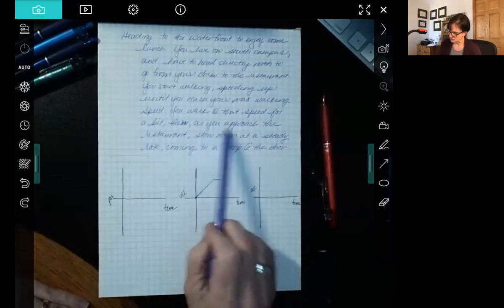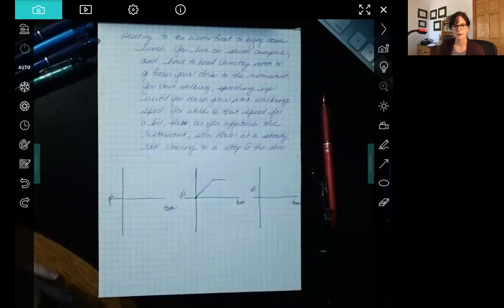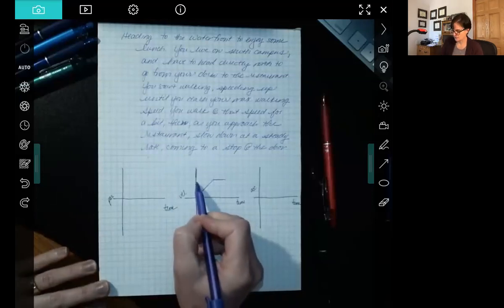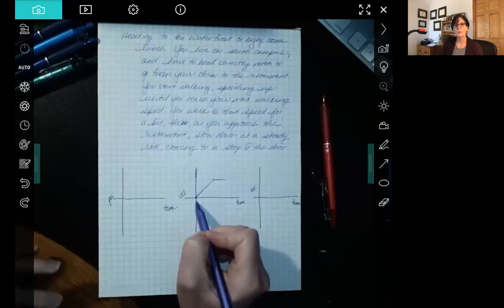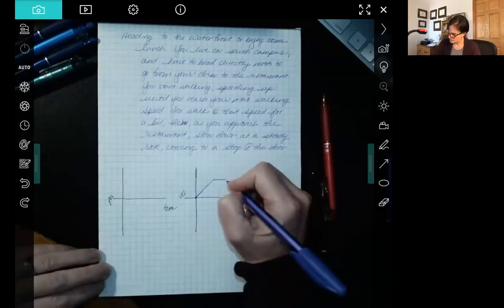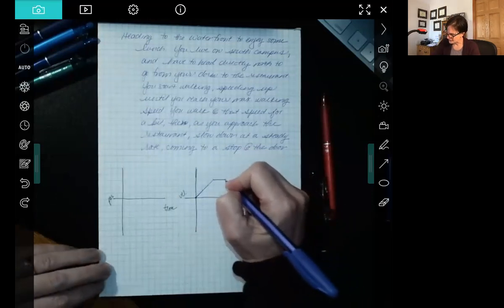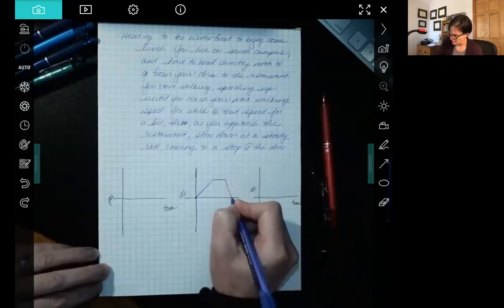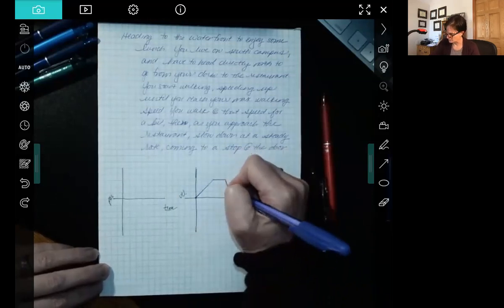It then says as I approach the restaurant, I slow down at a steady rate, coming to a stop. So that means my velocity is decreasing in magnitude. I'm slowing down, and therefore my velocity numbers are getting smaller and smaller, but I'm still heading in the north direction because I'm heading to the waterfront. And so my numbers start to decrease until I come to a stop, meaning no velocity. And there I am at the door.